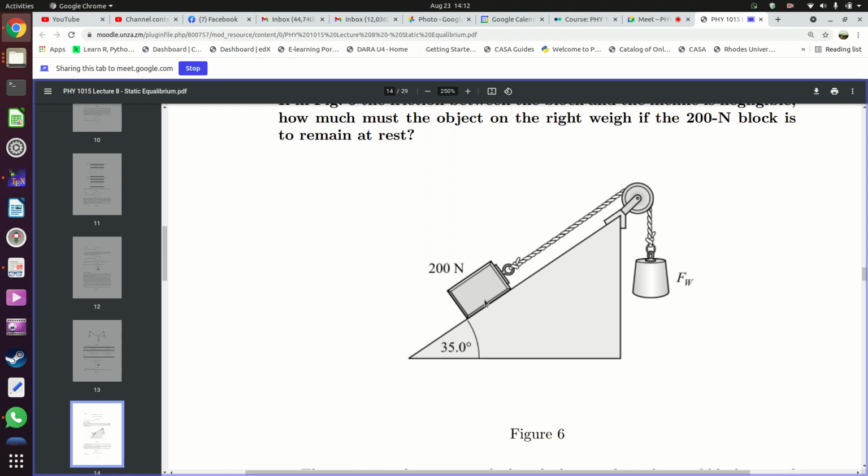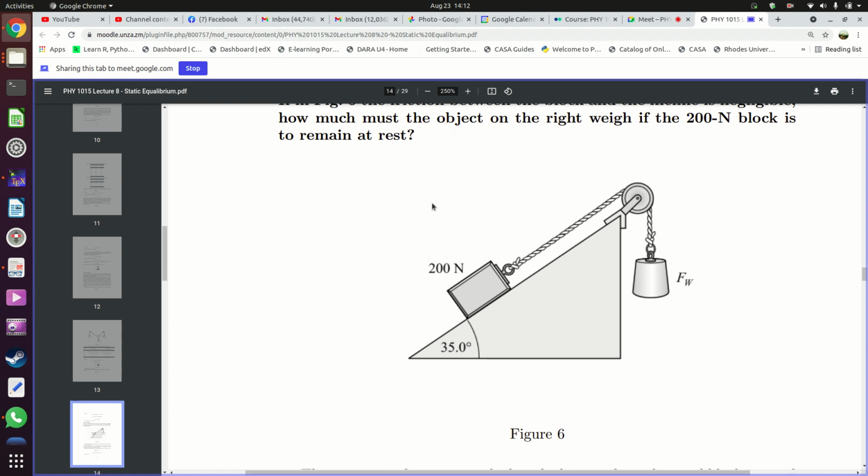We have also identified a tension in this rope pulling this object up this way. Next, we draw an XY plane over this box. The center of this box is going to be the center for the XY plane. Parallel to the incline, along this rope, that's going to be our x-axis. Then perpendicular to the incline, that's going to be our y-axis.